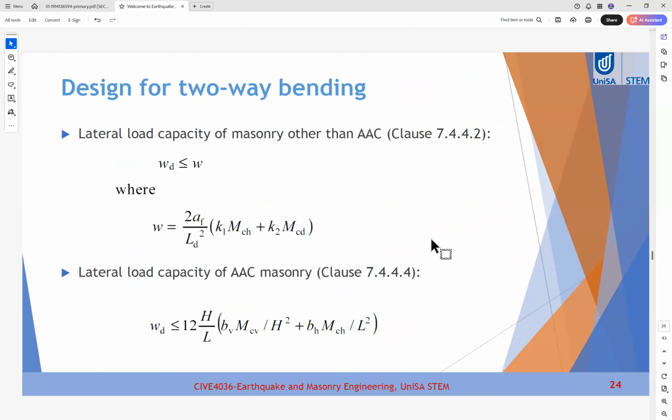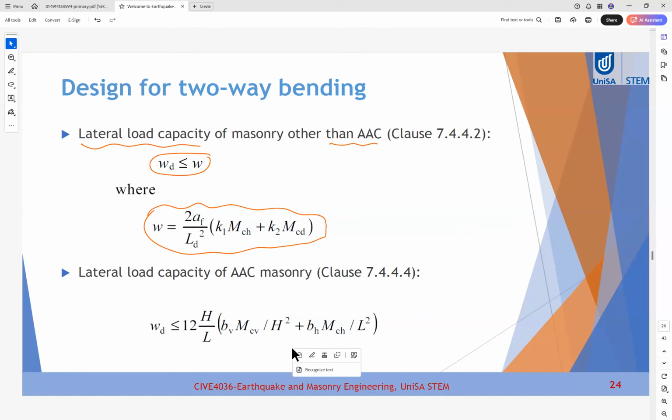The lateral load capacity of the masonry, other than reinforced concrete: WD should be less than W, where W is the following: 2AF over LD squared times K1 MCH plus K2 MCD.